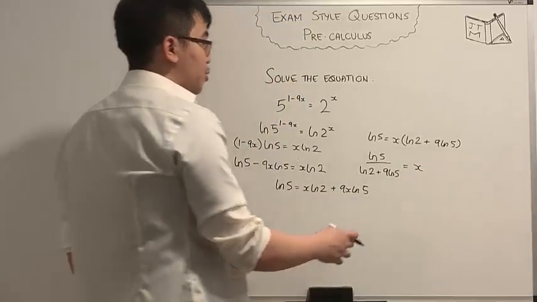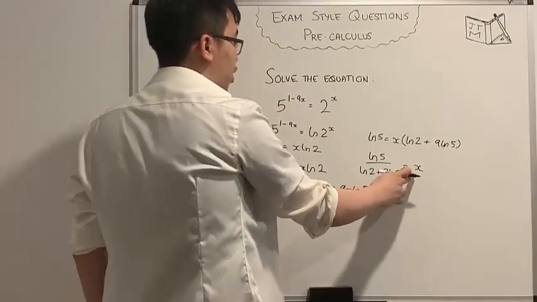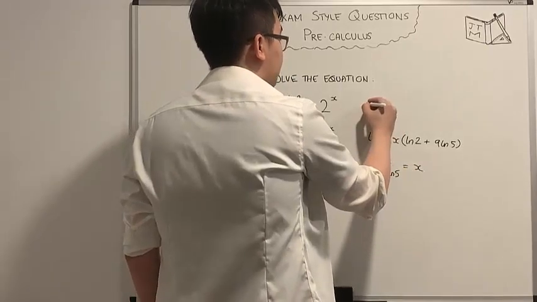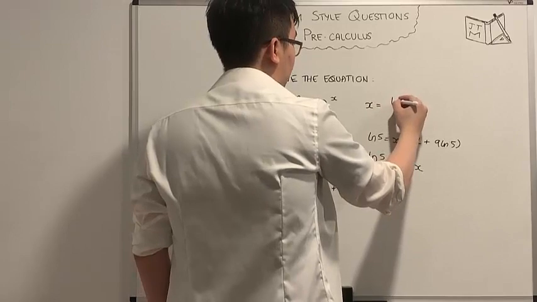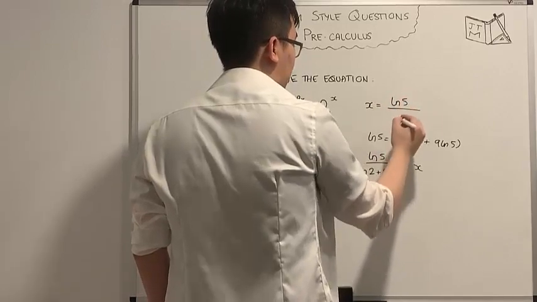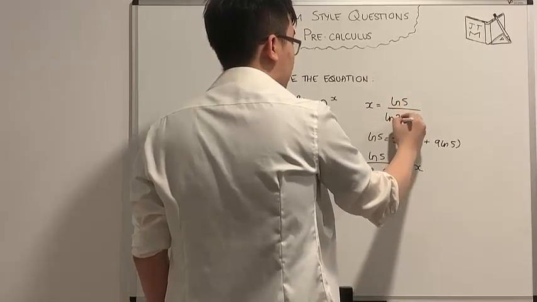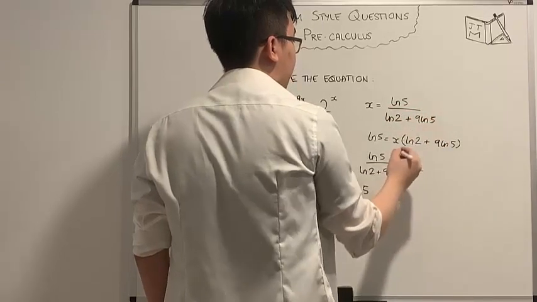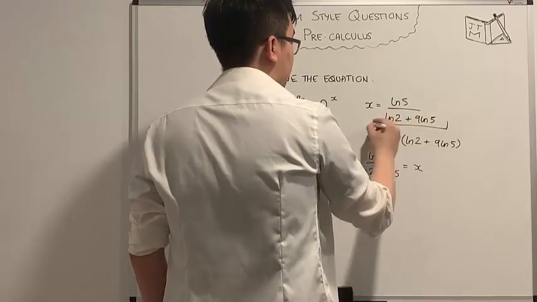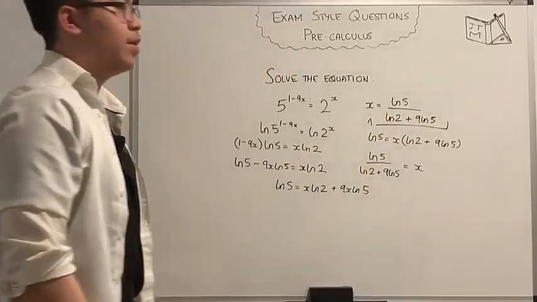And to finally answer the question, I'm going to rewrite this equation so that x is on the left side. So we'll have x equals ln 5 over ln 2 plus 9 ln 5. This is going to be our final answer.